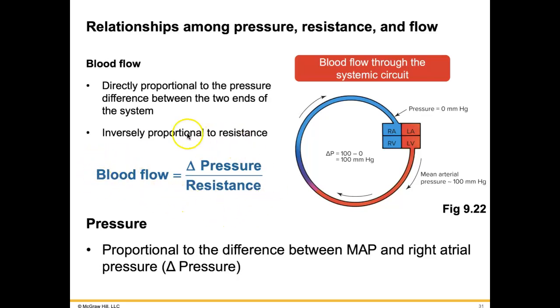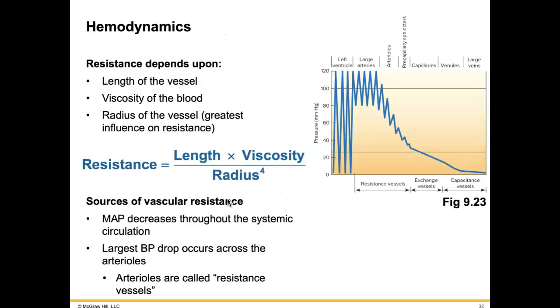So here's our formula for blood flow. It is that change in pressure. So when we talk about the change in pressure, it's that difference between the mean arterial pressure and the right atrial pressure that we see over here. So it's going to be 100, right? Over resistance.